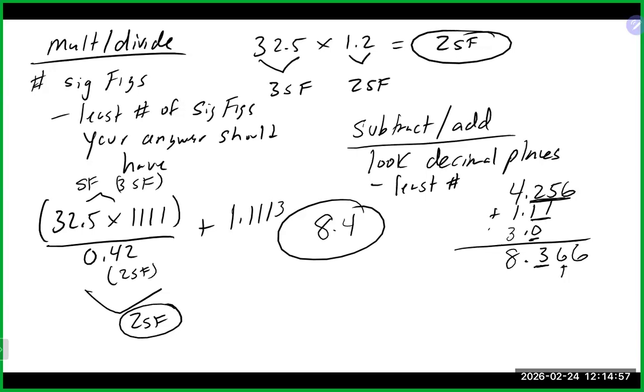Now, should you round at this point? You should usually avoid rounding until the very end. You should just keep track of everything and maybe avoid rounding. So if I actually do this with made up numbers here, I end up with a big old number, 85970.2381, plus now 1.113.